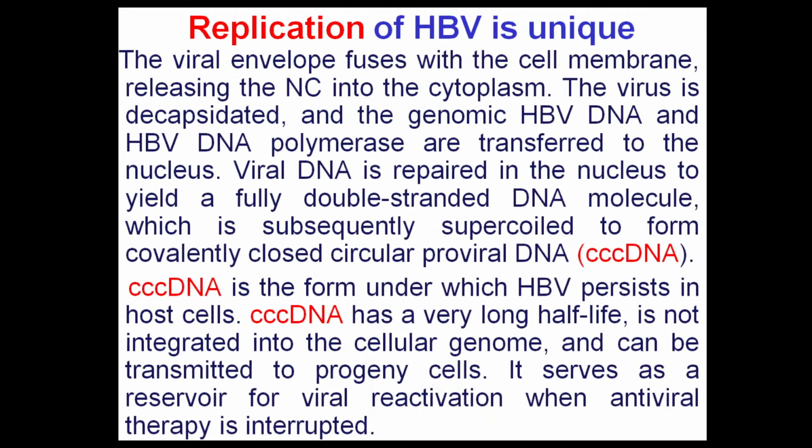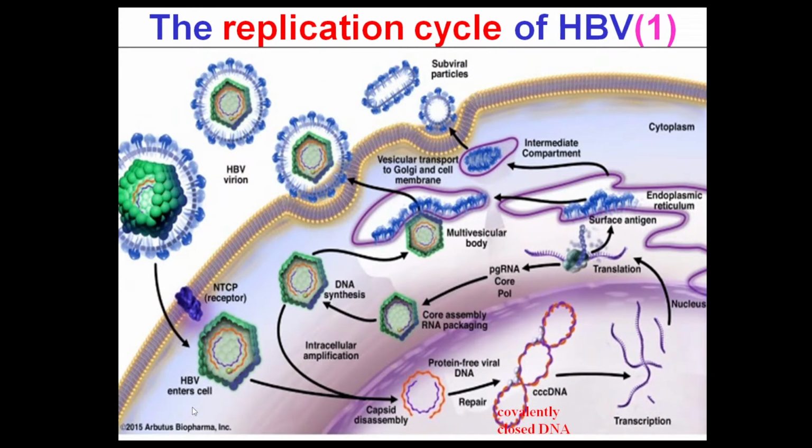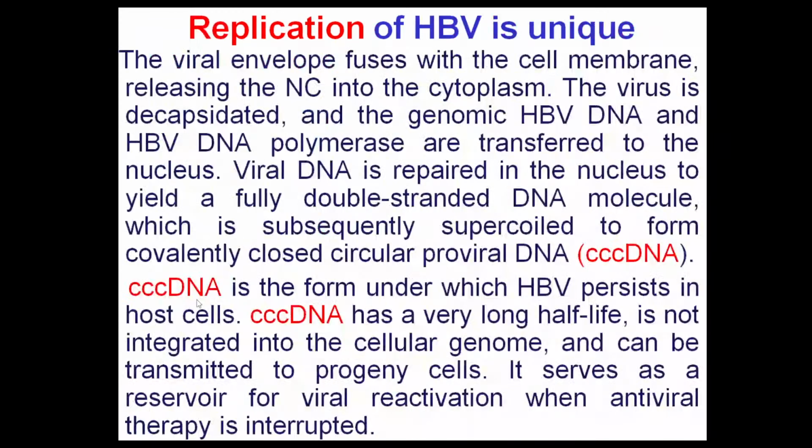The viral envelope usually fuses with the cell membrane. So we describe the replication of the virus, right? You can see here that the virion binds with the NTCP receptor. And we believe that it fuses with the cell membrane, releasing the nucleocapsid into the cytoplasm.